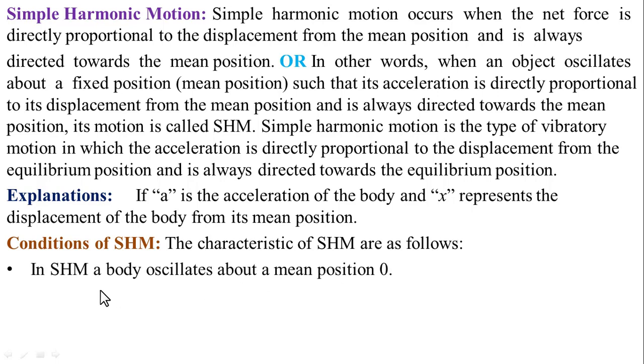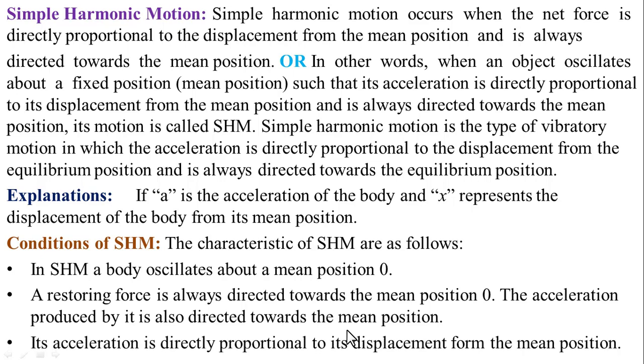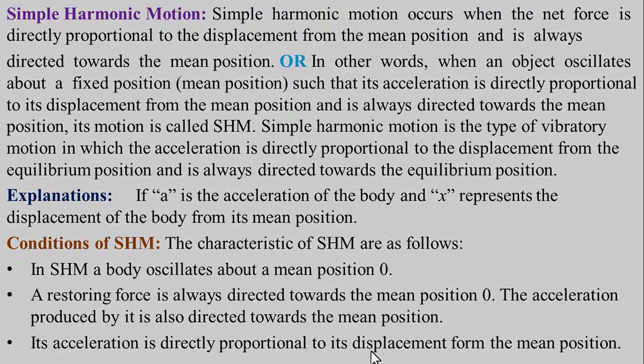First, a body oscillates about its mean position O and a restoring force is always directed toward the mean position O. Second, the acceleration produced by it is also directed toward the mean position. Third, its acceleration is directly proportional to its displacement from the mean position.